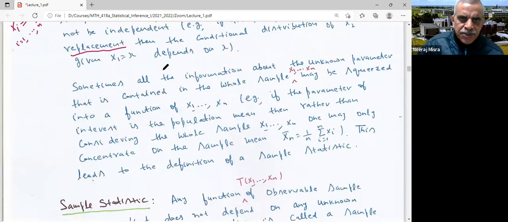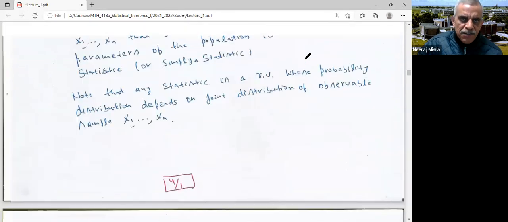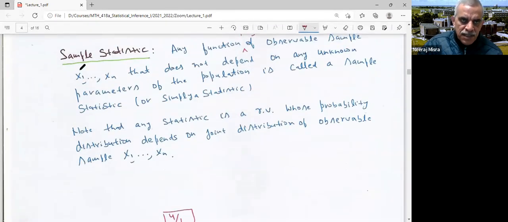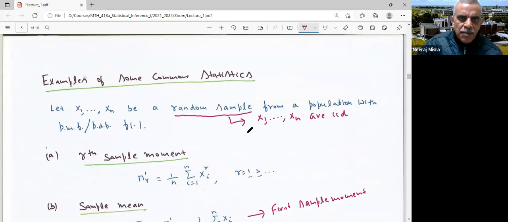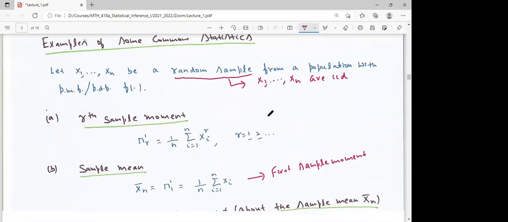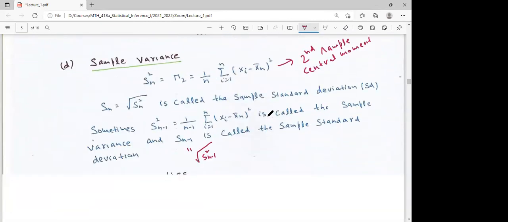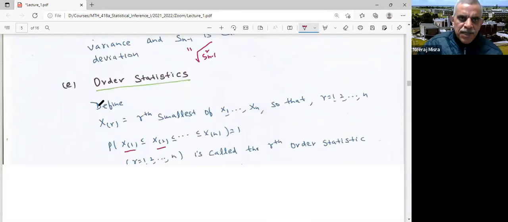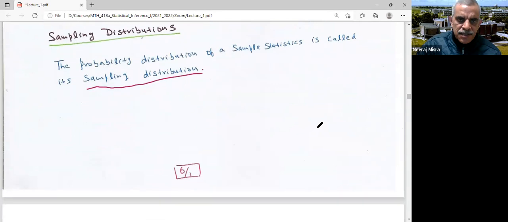Then I introduced the notion of sample statistic, which is a function of the random sample and does not involve any unknown parameter. Then I gave examples of some common statistics. Then I talked about sampling distributions, which is nothing but the probability distribution of any sample statistic.